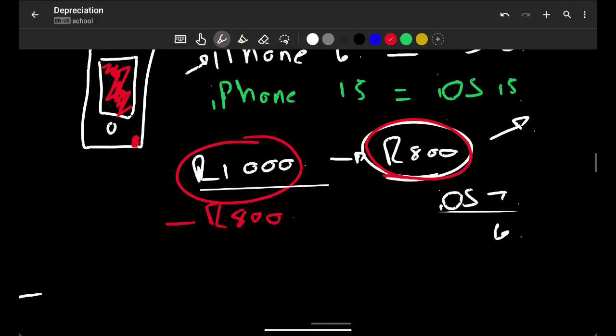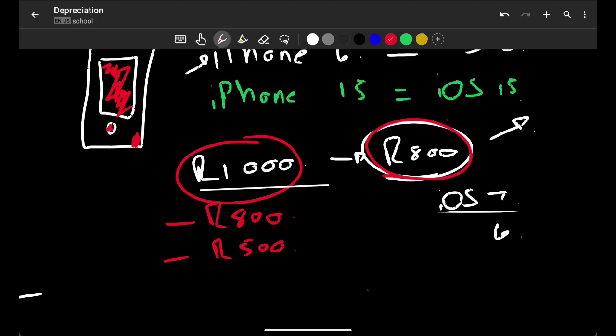If you sold it to your friend, they would say, I would give you 800 rand because you're my friend and you want to sell this phone, but I can't pay 1,000 because the screen is broken. I can go buy a new one worth 1,000. After the corner of the phone chipped there, it's now worth 500 rand. Right?